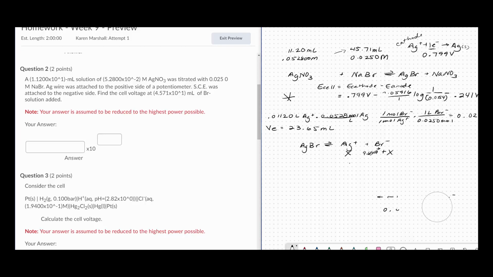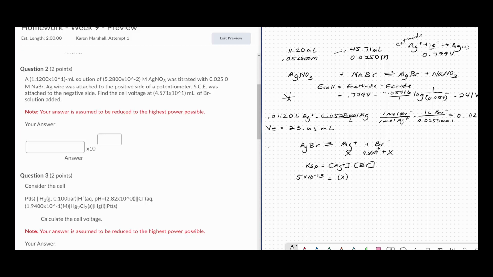Now I need to then equate this to the KSP, because remember the KSP is going to be equal to the concentration of the silver ion times the concentration of the bromide ion. So I fill that in. The KSP for silver bromide is 5 times 10 to the negative 13.